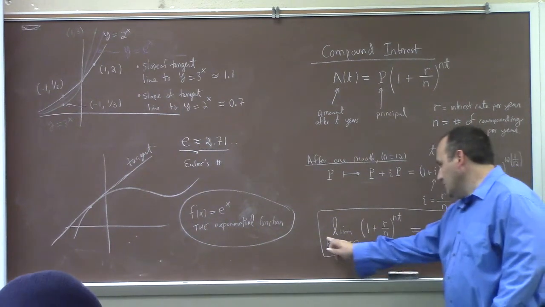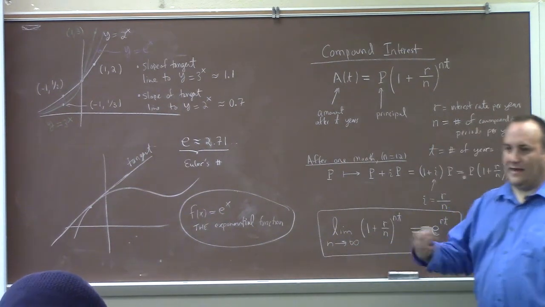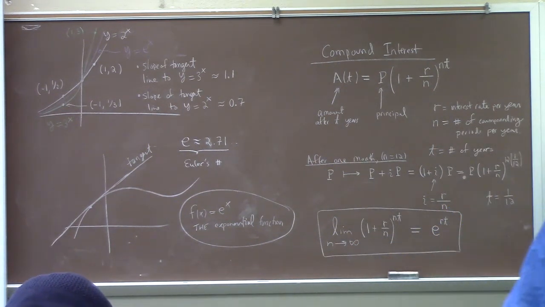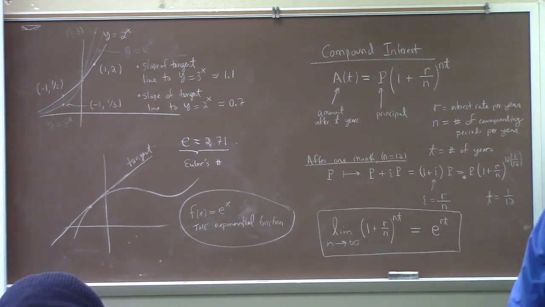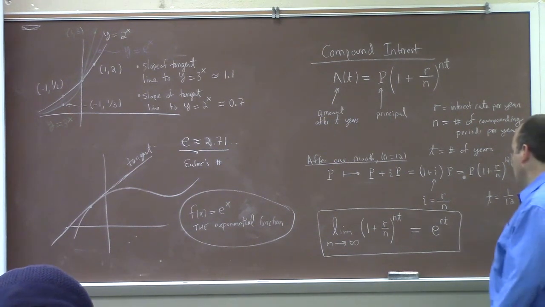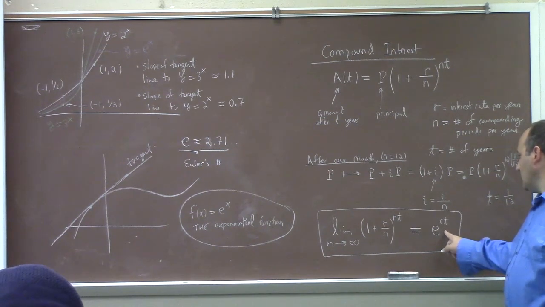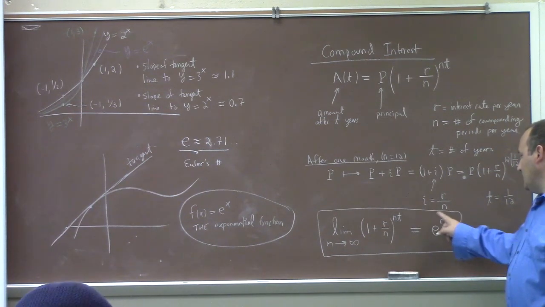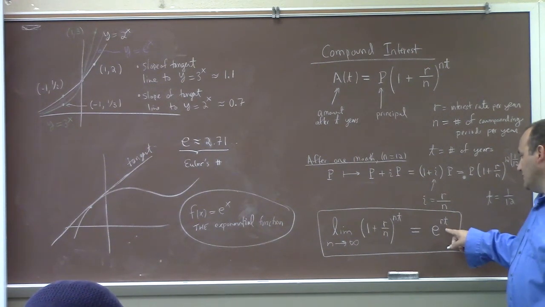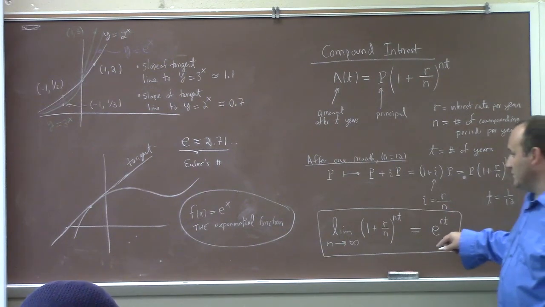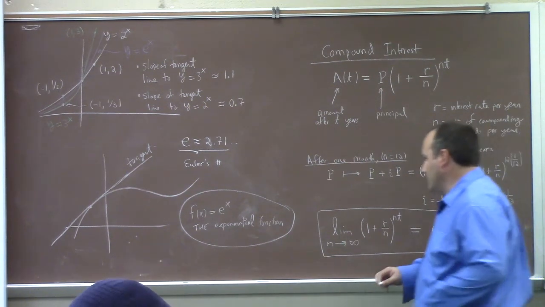So if you let n get larger and larger, maybe you go from monthly to daily, then if you wanted a good approximation to daily compounding, you could use the exponential function. If you just put r equal to 1, this is an alternate definition of the exponential. I'll write it over here.